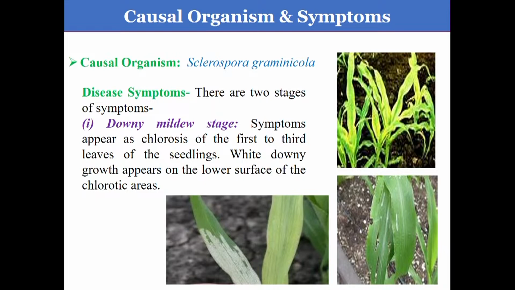The disease symptoms you can see here in the photographs, infected leaves. There are 2 stages of symptoms. The first one is the downy mildew stage. The symptoms of downy mildew appear as chlorosis on the first to third leaves of the seedlings. White downy growth appears on the lower surface of the chlorotic area.